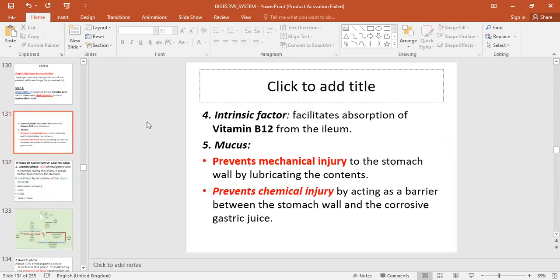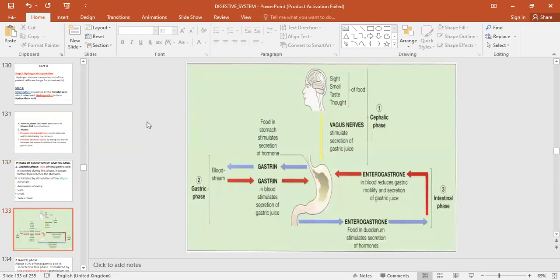So let's look at the phases of gastric secretion. They are summarized here. Gastric juice in the stomach can be secreted by various stimuli. Certain stimuli occurring in the body can cause us to produce a lot of hydrochloric acid.